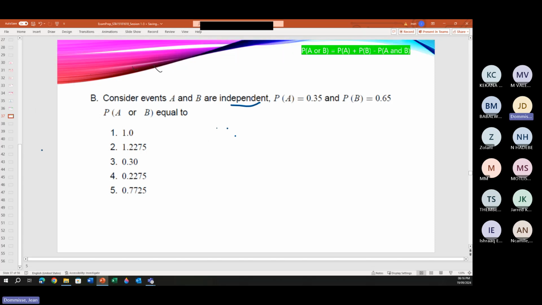still the same formula of a probability of A or B. And we still need to work that out.